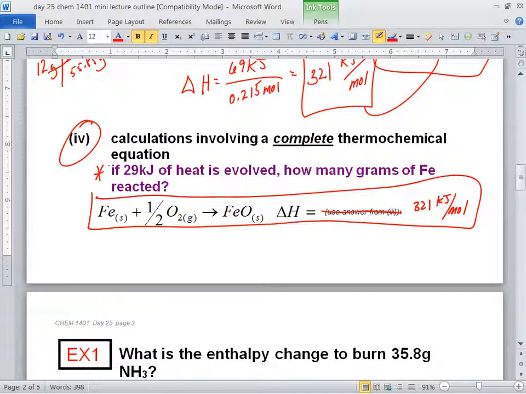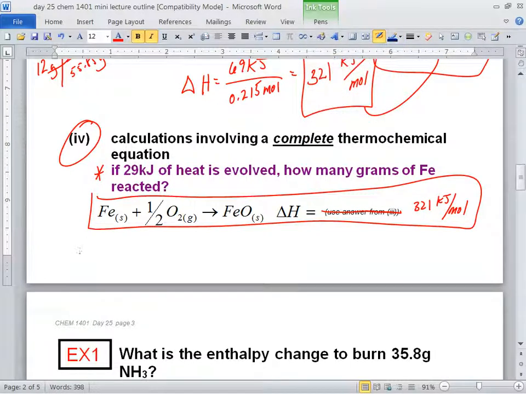Think of the mole bridge idea, because this enthalpy is just another part of the mole bridge. So if we had 29 kilojoules, what mole bridge, right? This is what I envision.